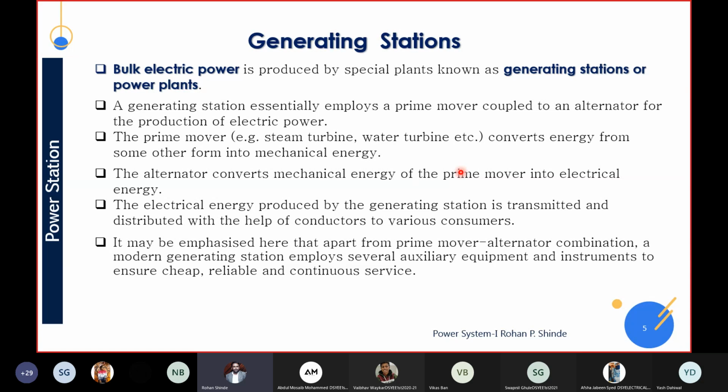That means not only the prime mover and alternator are there in a generating station, other modern auxiliary equipments are also there, and these instruments will ensure that they provide cheap, reliable and continuous service. A number of equipments are there in a power station, not only the prime mover and alternator.